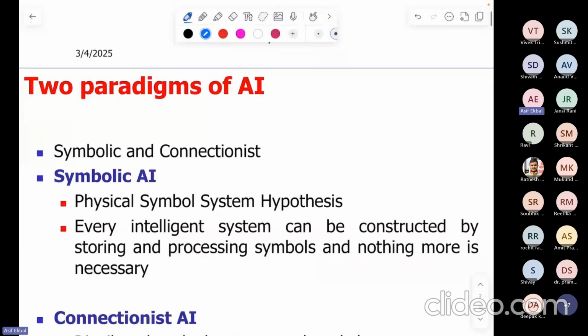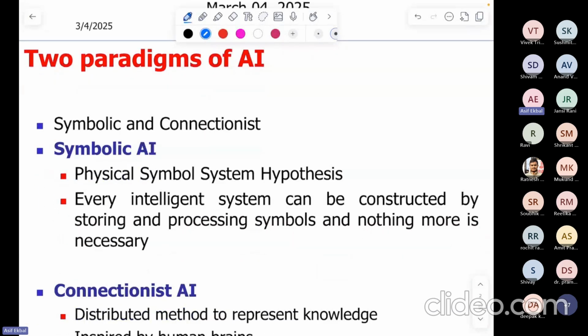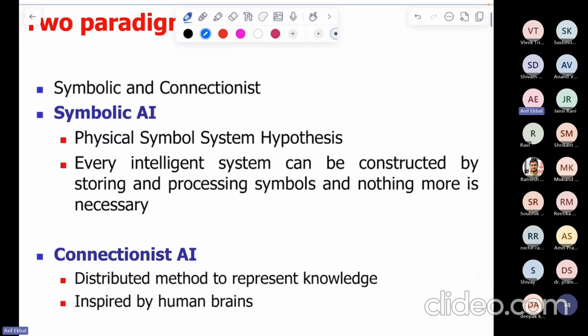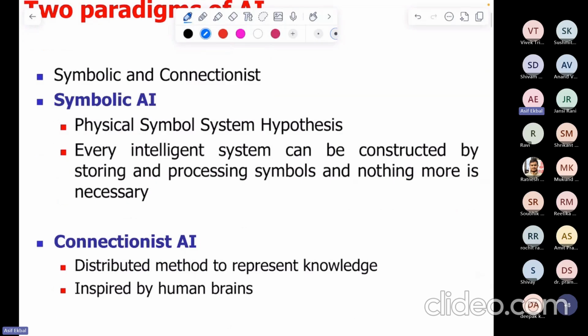Now, to begin with, there are two broad paradigms of AI that probably you have an idea about. One is symbolic AI, the other one is connectionist AI. There are lectures on neurosymbolic AI that Professor Reddick will also cover, where he'll talk about the combination of these both approaches.